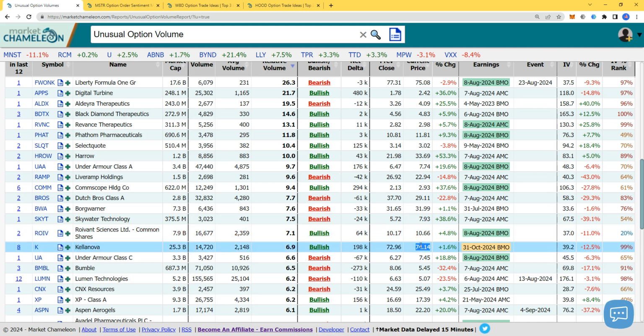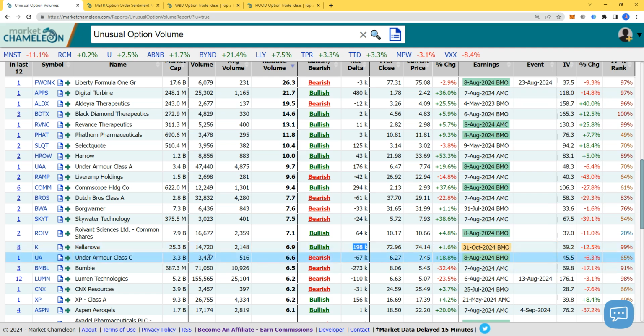Price today, okay, 74. But you see here the option volume is 7 times more than usual. So the usual average value of the K option is 2,000, and now the option is 14,000, almost 7,000 more, bullish. Okay, so Market Chameleon finds you stuff, not just hey, go buy call options on Nvidia or Apple or Tesla and all that stuff.